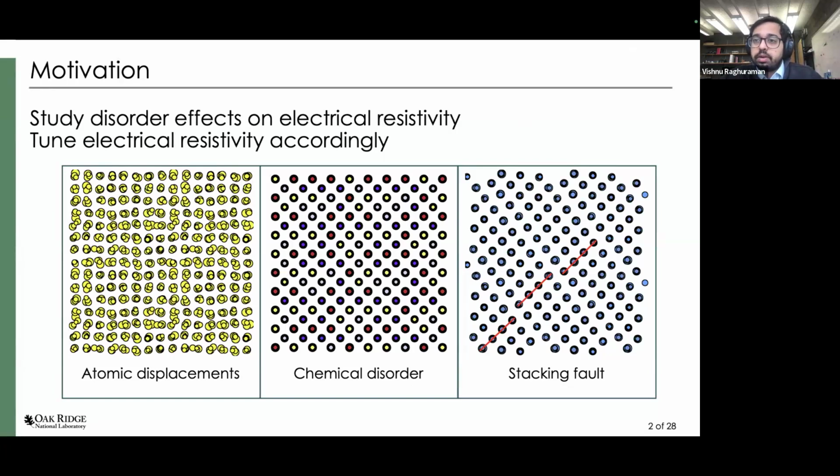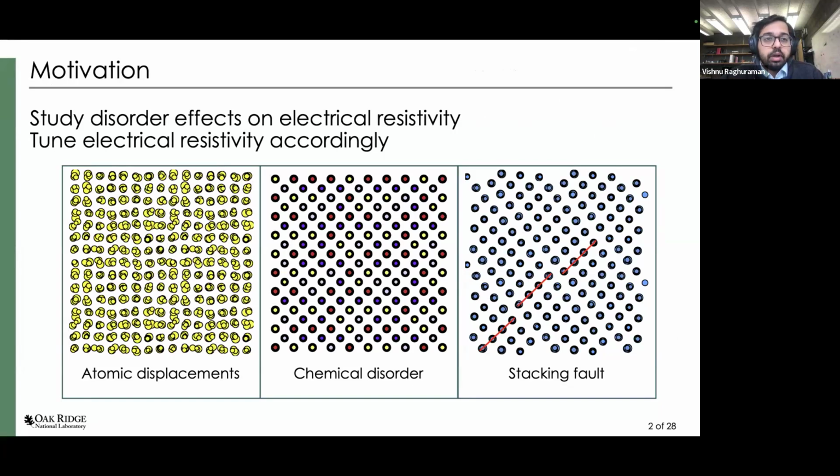The species may be present randomly in your system, or more mechanical defects such as stacking faults or slip. All of these have significant effects on not just resistivity, but many useful properties.